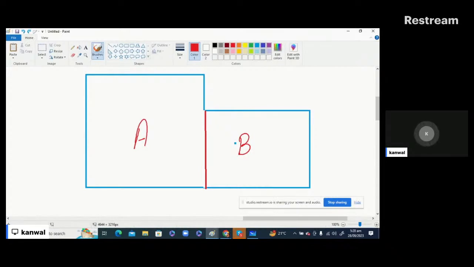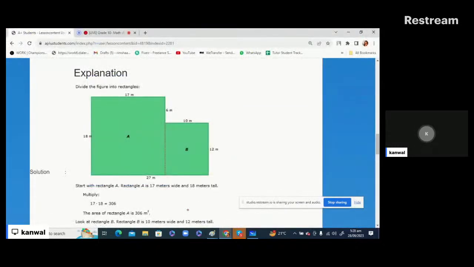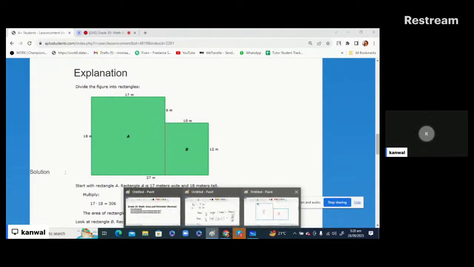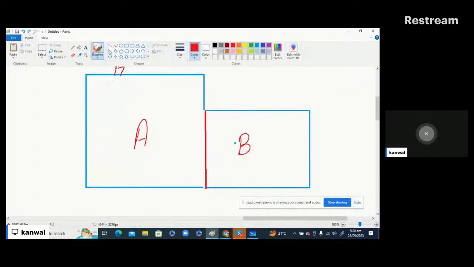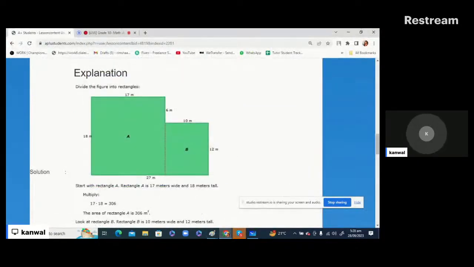Or if you want to write other heights, we can also write them down: 17, 18, 12, 17, 18, this is 12, and those are all in meters. This is 27, 6, 10.